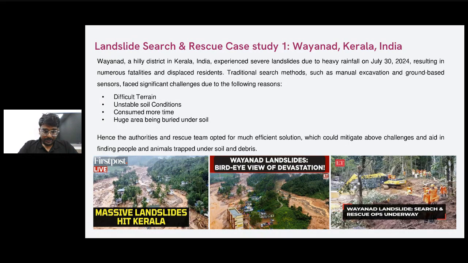The soil was not stable, and the area itself was very difficult to access. So, in this case, the authorities came up with a drone-based GPR solution for identifying people who are buried under the soil and debris, and to conduct evacuation and rescue in prompt time.